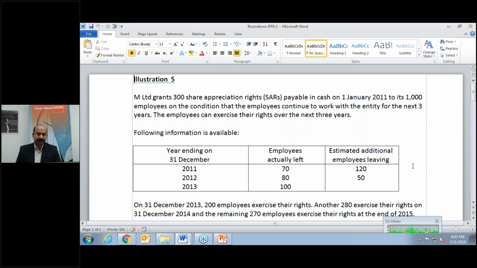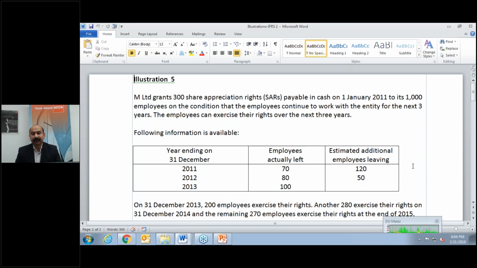Year ending on 31st December 2011, employees actually left 70. Estimated additional employees leaving 120. Then on 31st December 2012, during this year, 80 employees left.